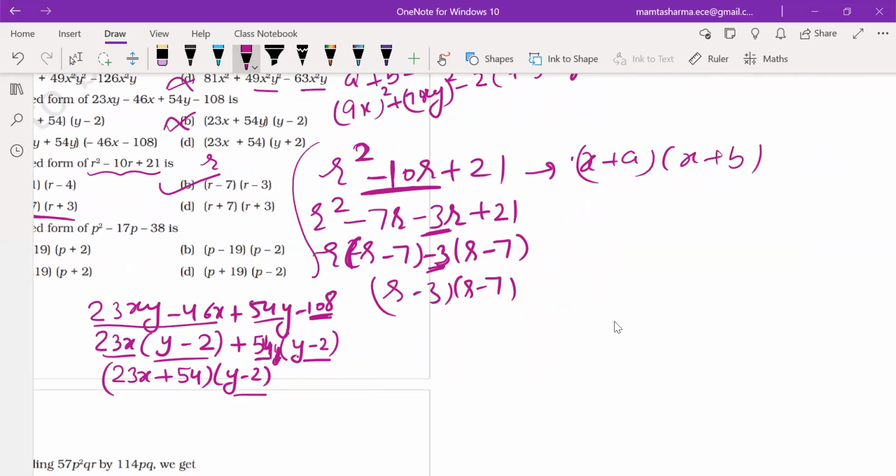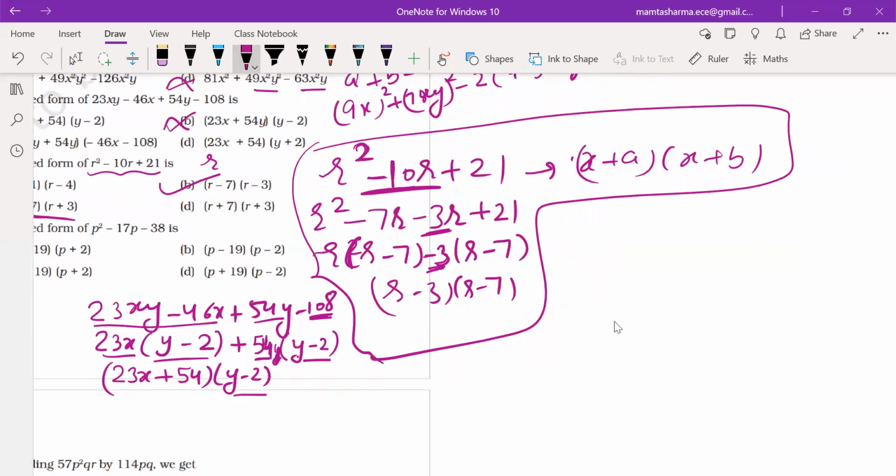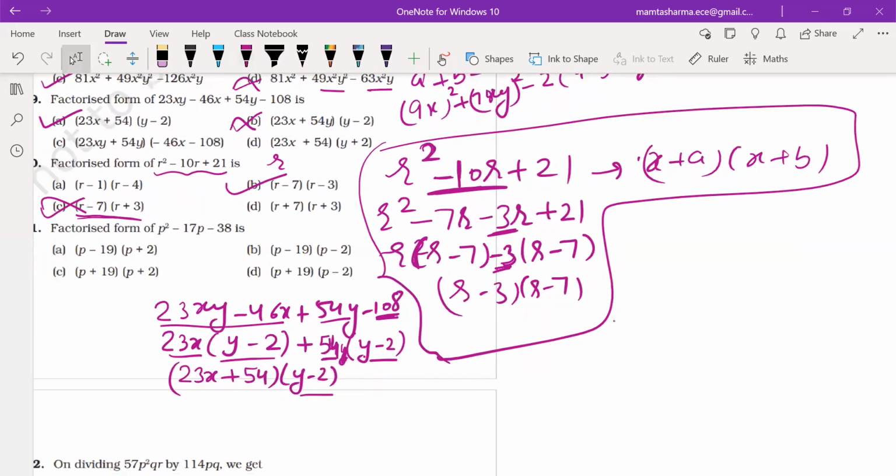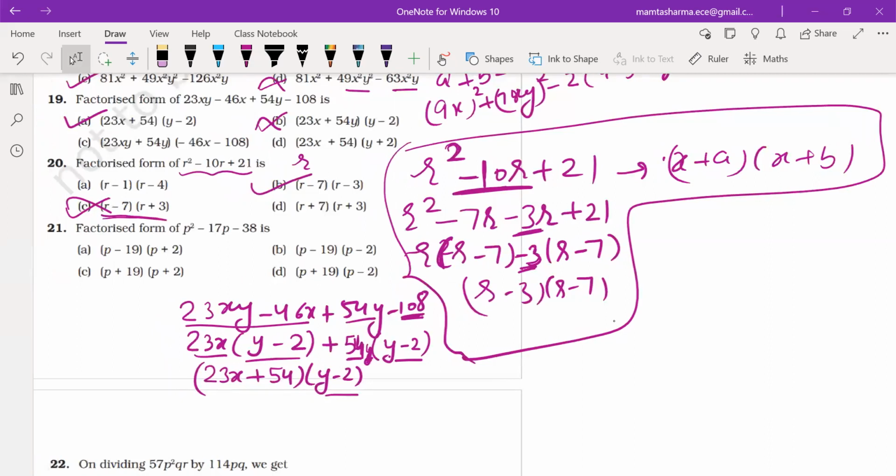Shubhra, did you apply this formula, x plus a, x plus b? Ma'am, I did it directly in the regrouping method. I didn't apply that formula.